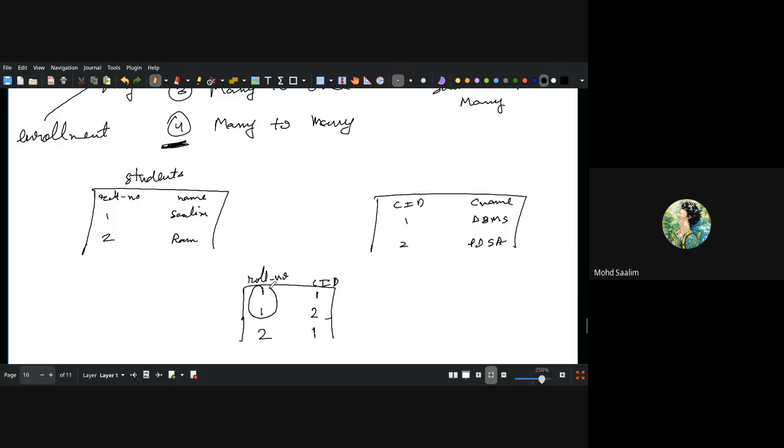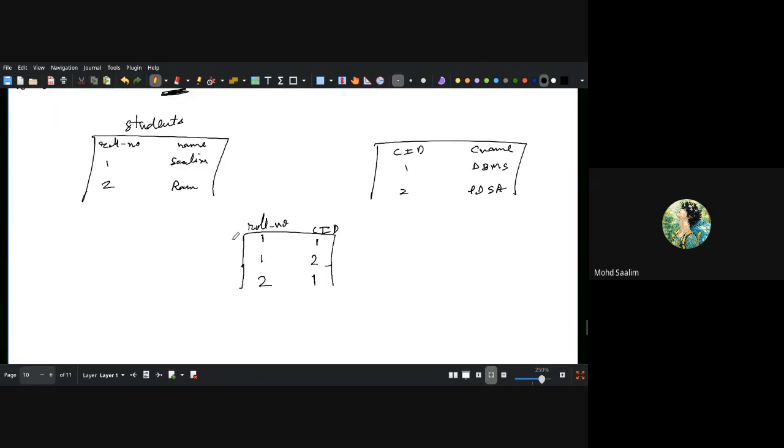The same student is repeating multiple times, which means for different courses, a single student is coming. So the same student can take multiple courses. And if you see from the right hand side, the same course ID appears for different students. That means the same course can be taken by multiple students. So this is the indicator of a many to many relationship.